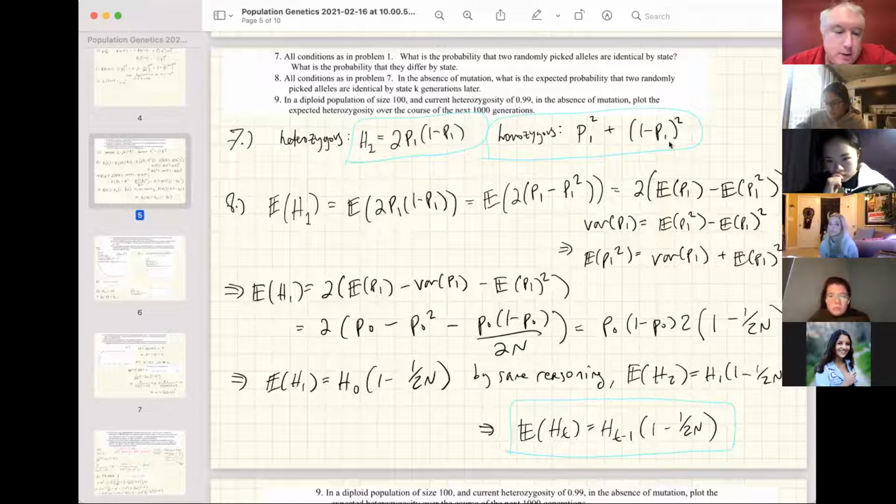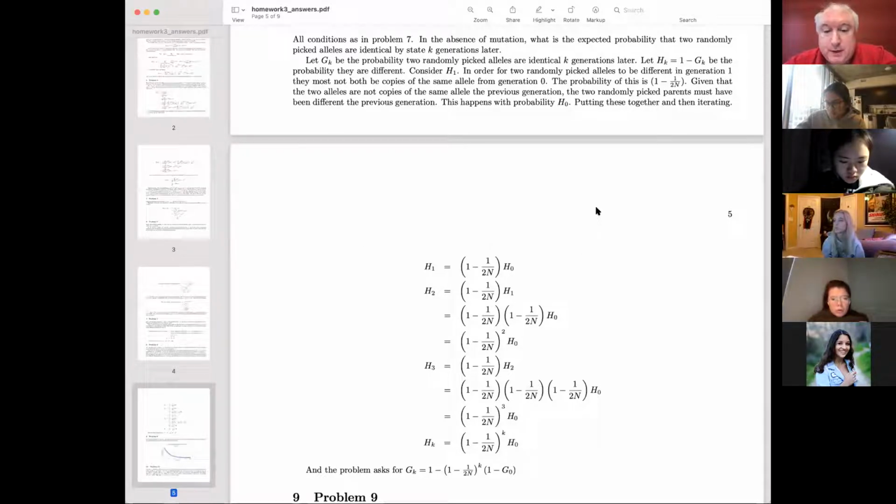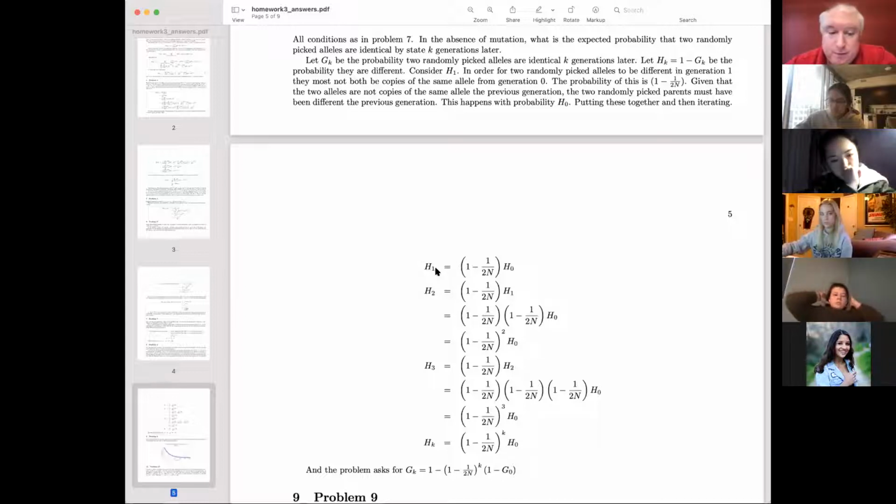The way the book would have encouraged us to think of it is this argument: if H0 is the probability two randomly picked alleles are different from one another, the probability next generation that two randomly picked alleles are different depends on two contingencies.